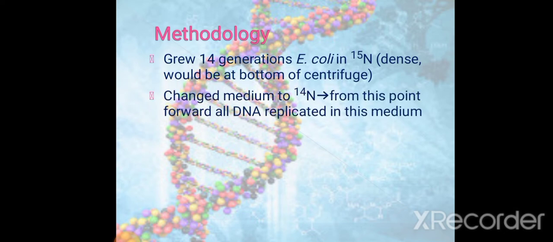Now after such 14 generations, again these E. coli cells which are grown within the N15 media get transferred to the second type of growth medium which contains N14 instead of N15, and again the generations of DNA replication are carried out.